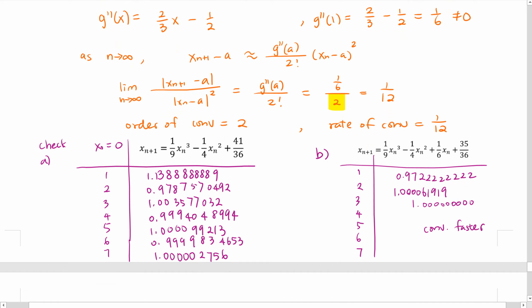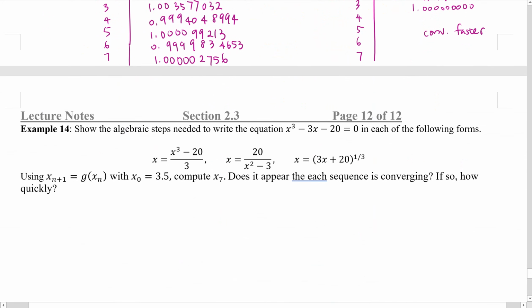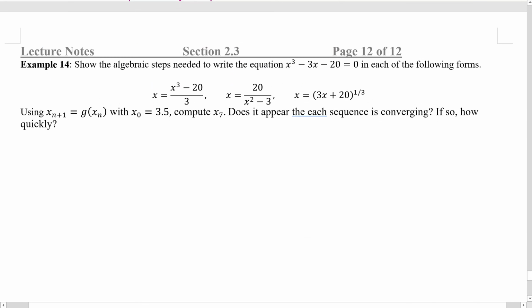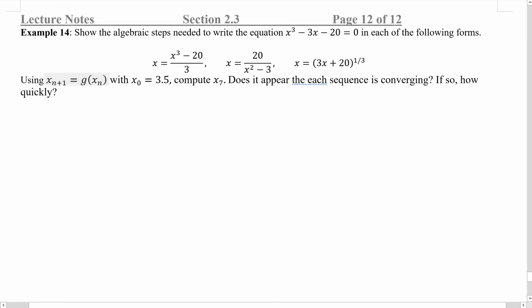Okay, let's continue to do more examples. This is actually the last example in this chapter. Yeah, almost there. This session is quite long. I split it into 4 videos. Okay, so show the algebraic steps needed to write the equation x cubed minus 3x minus 20 equals 0 in each of the following forms.